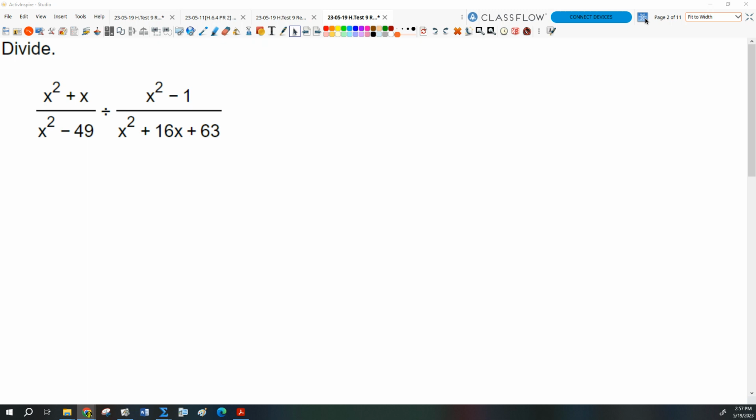So then what's this give us? We're going to get for our first fraction, what does the top factor into? Bottom.